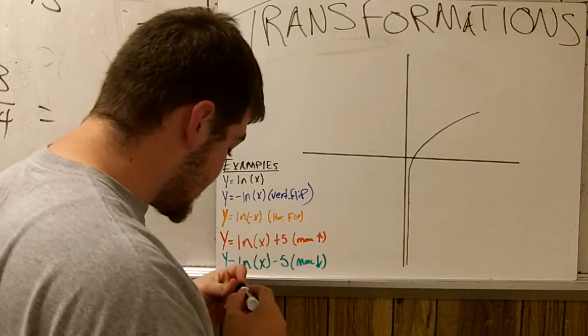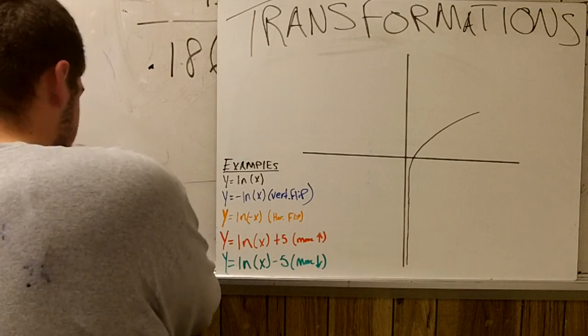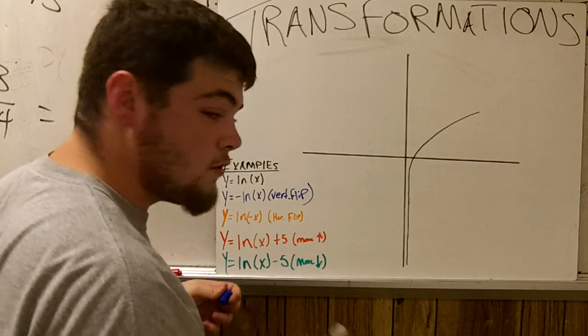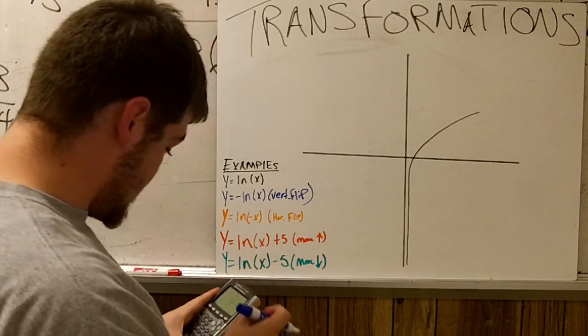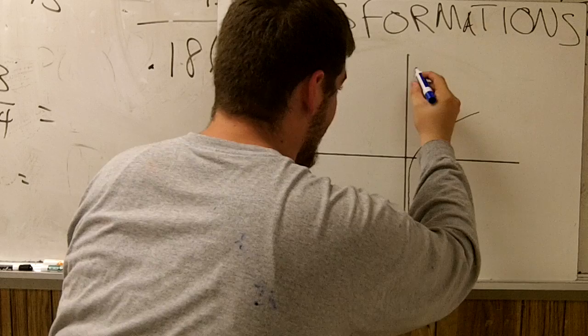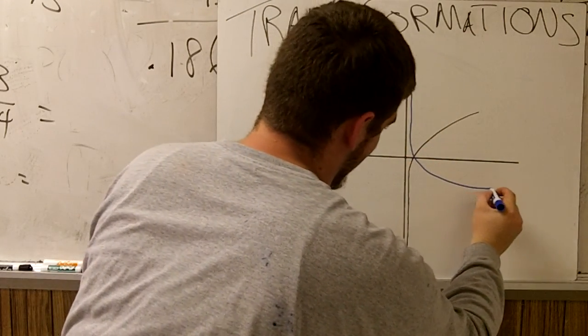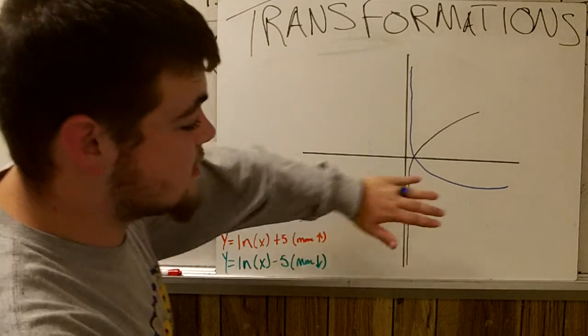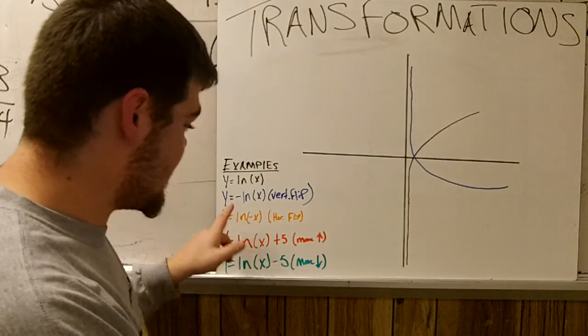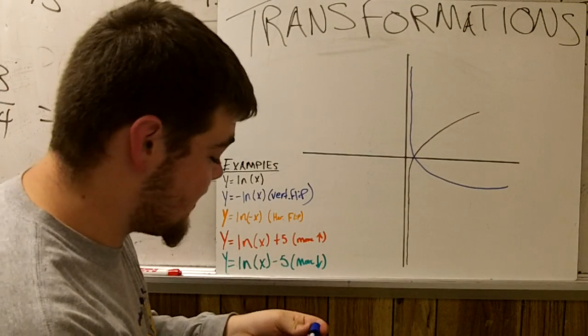Let me use a different color. Use blue so then it color coordinates. It'll come down like that. It's like you just took it and flipped it vertically. You put a negative sign in front of the ln.